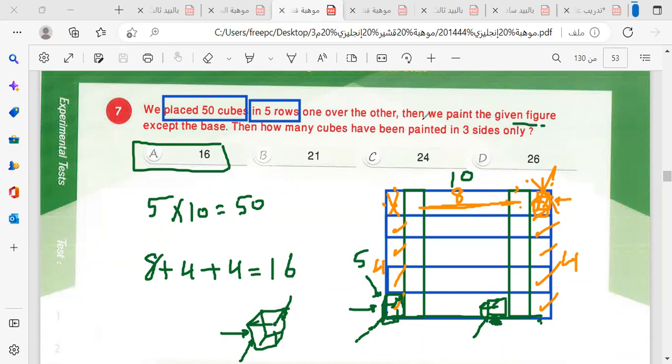We painted the given figure, maybe they give you a figure also, except the base, right? How many cubes have been painted in 3 sides? So here we have 8 and 8 and 4 and 4 will be 16 cubes.